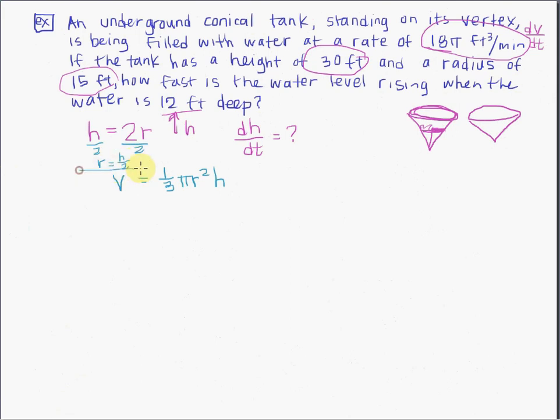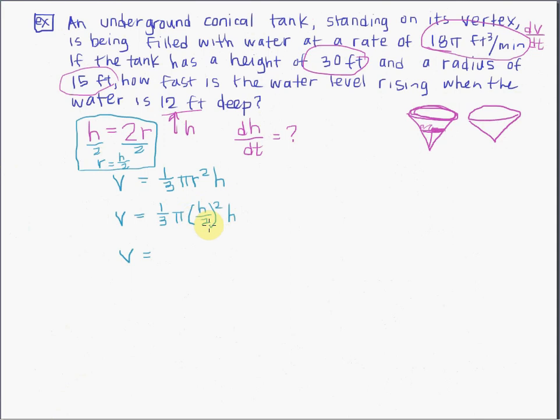So if r equals h over 2, we can substitute that in. So we're going to have V equals 1/3 pi (h over 2) squared times h. Then we're going to multiply those together so that we have something that is easier for us to take the derivative of.